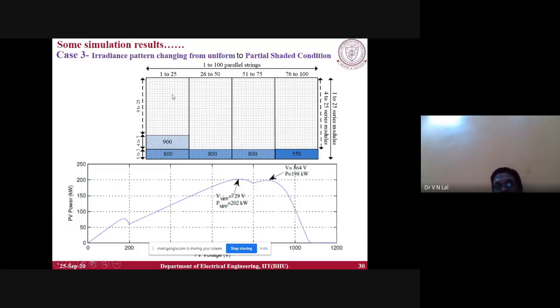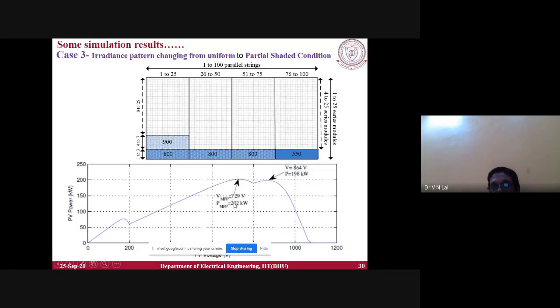Previous to this there was uniform irradiance. Now this partial shaded condition will have two peaks, very close to each other.